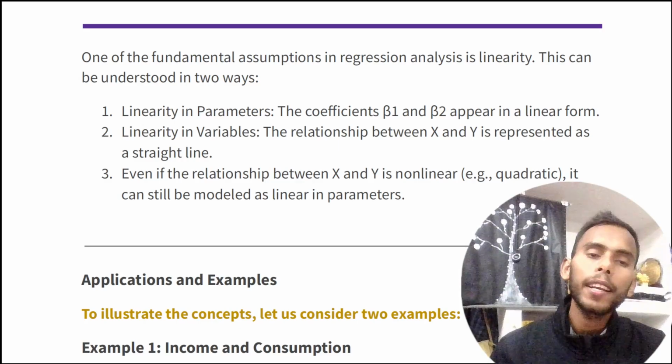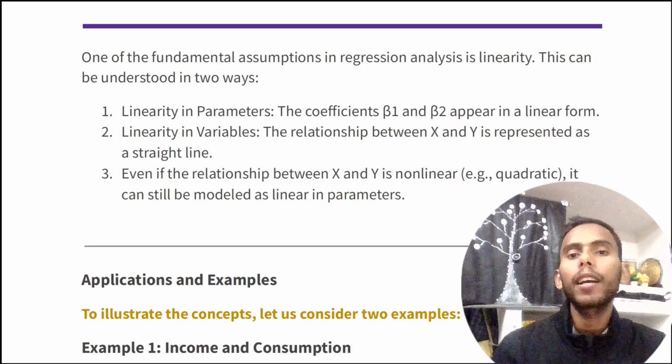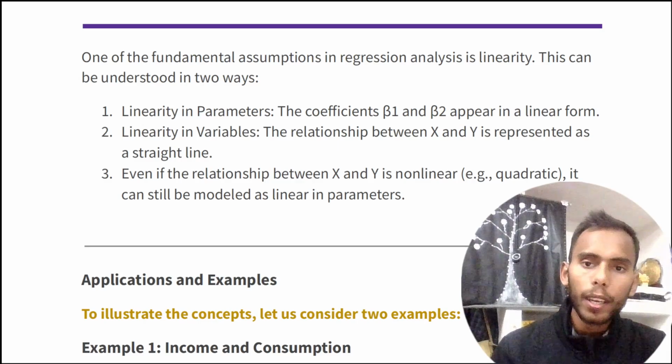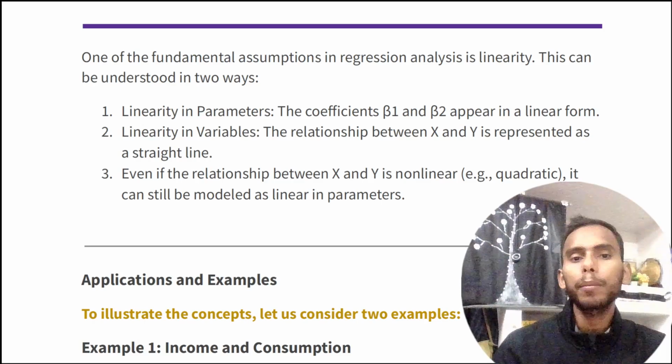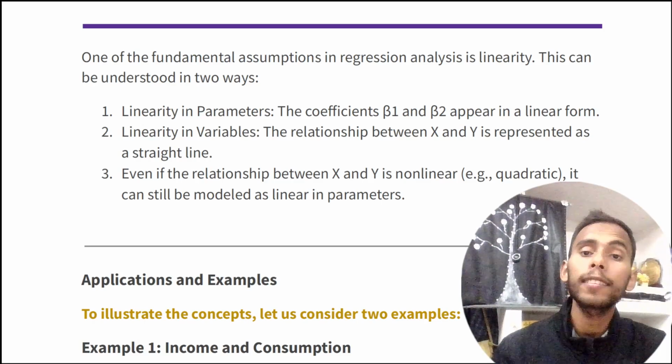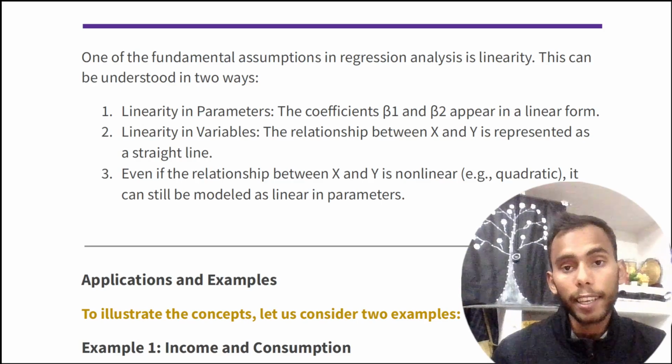When we say linearity in parameters, we are talking about the coefficients, linearity in coefficients beta 1 and beta 2, right? And whenever we're talking about linearity in variables, we are talking about the relationship between x and y being represented as a straight line, right?